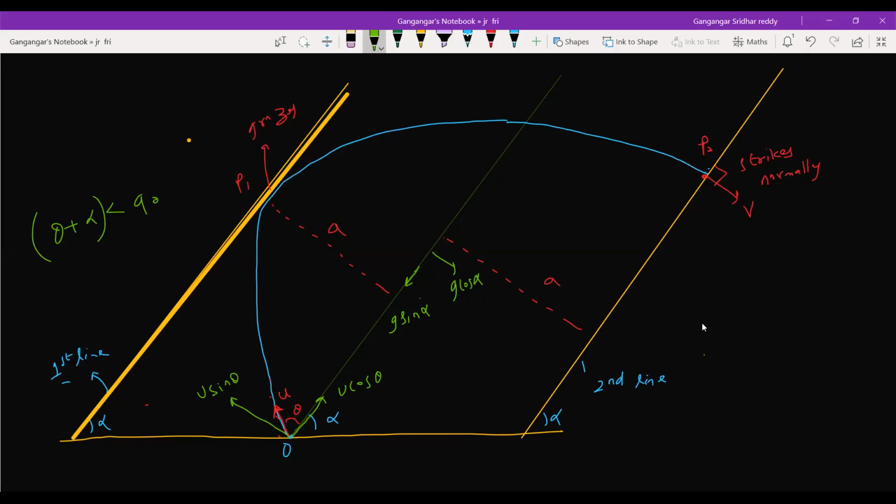But the diagram looks the other way. Actually, it will move like this, you mean to say? So I'll just put the condition theta plus alpha less than 90. I think the problem is solved. Okay, now let's write the equation. We should get the relation between theta and alpha.